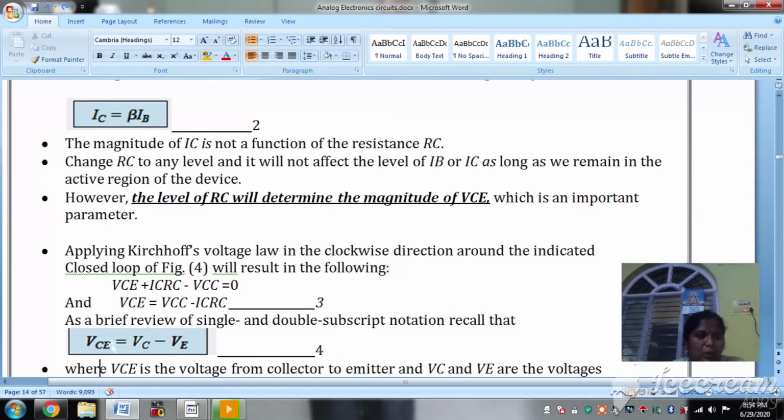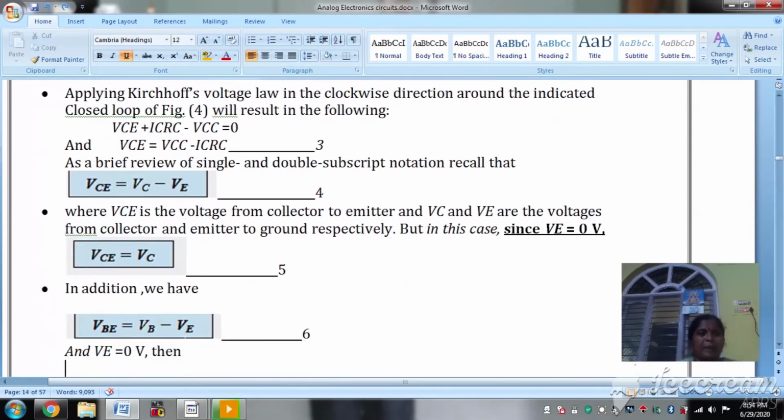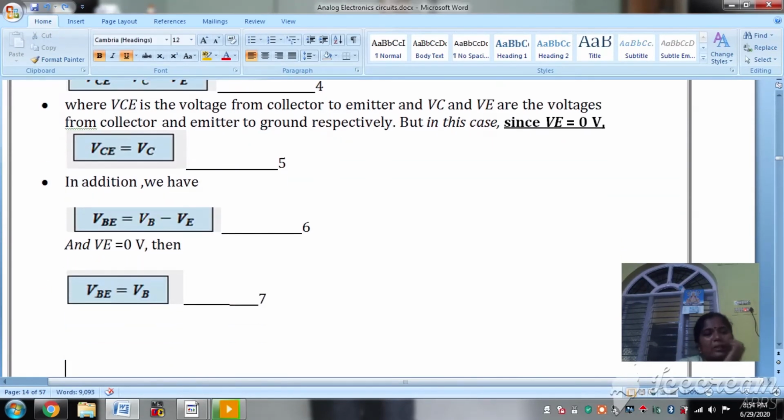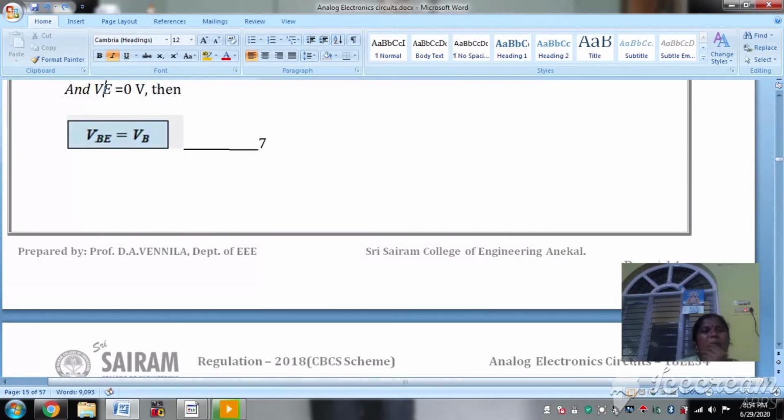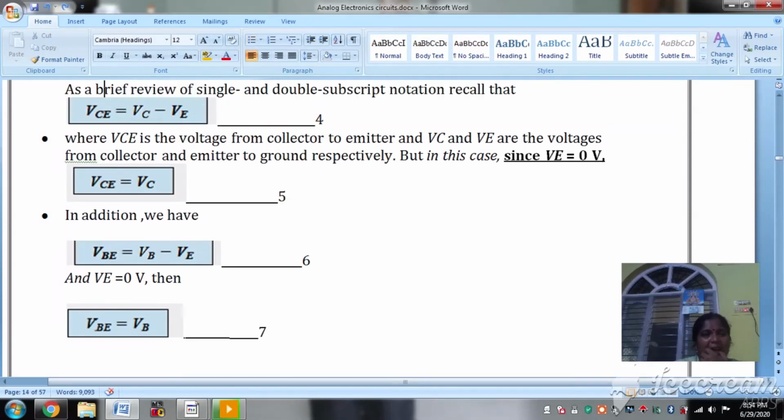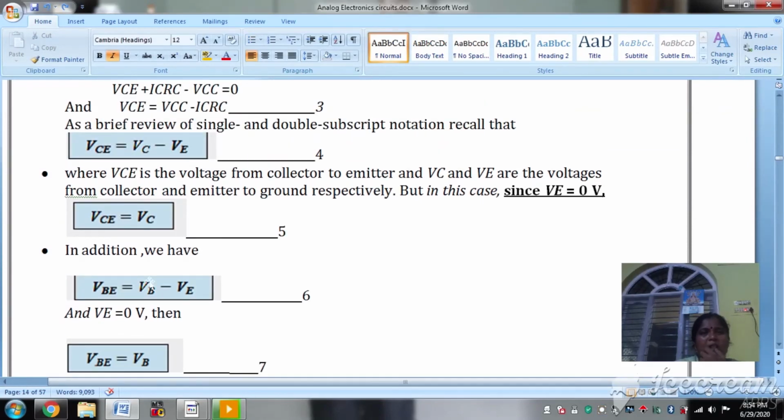From that, you know VCE is nothing but VC minus VE. If I want to find VCE and IC, I keep VCC minus VCE and take ICRC to the other side.